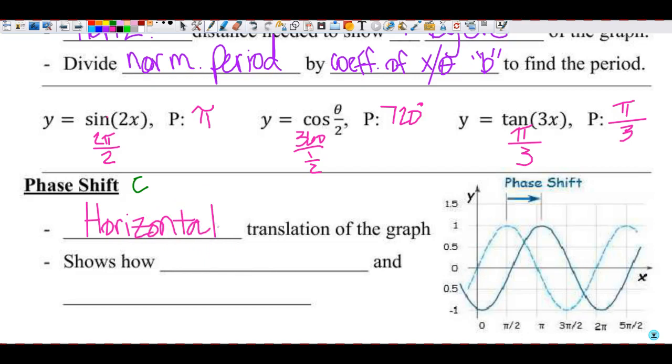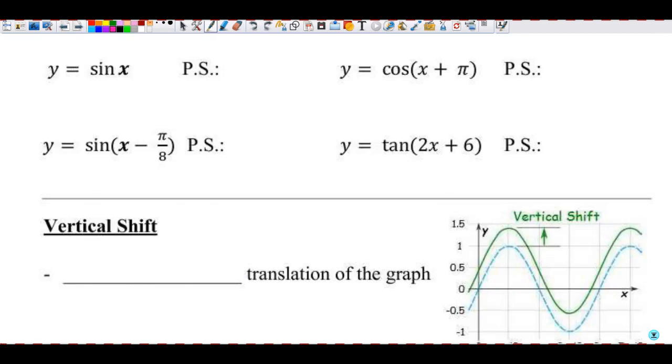So we're shifting it left or right. It shows how far and what direction. Just like you're used to with the other parent functions. And the examples are at the top of the next page.